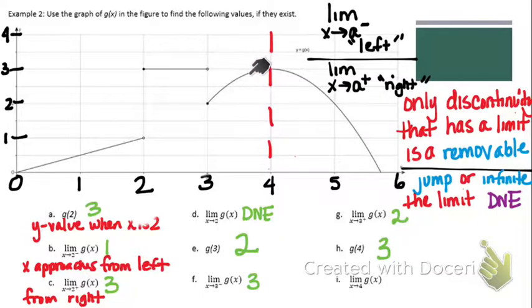As long as the left and the right are coming together at the same place, we have a limit. And the limit is that place. This is the first time we did not have a discontinuity. So the limit at 4 is also 3, because the left and the right are coming together at the same place.